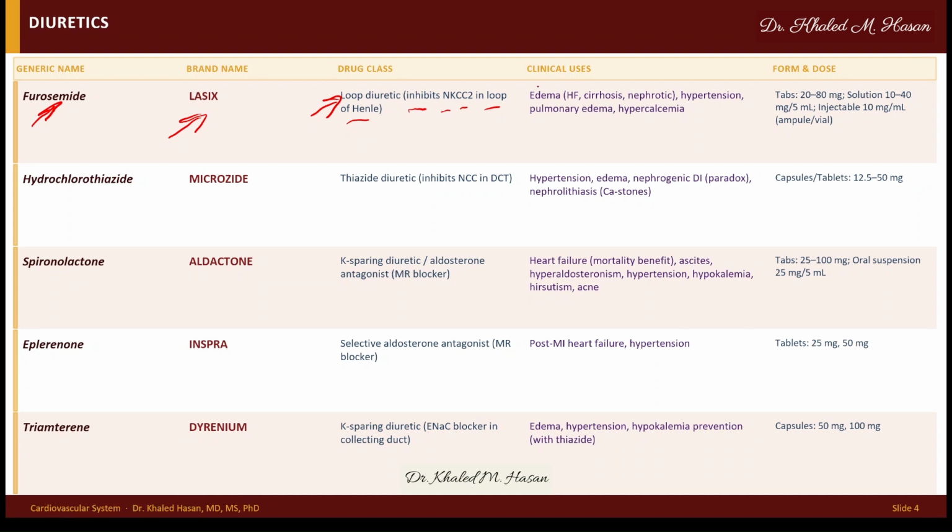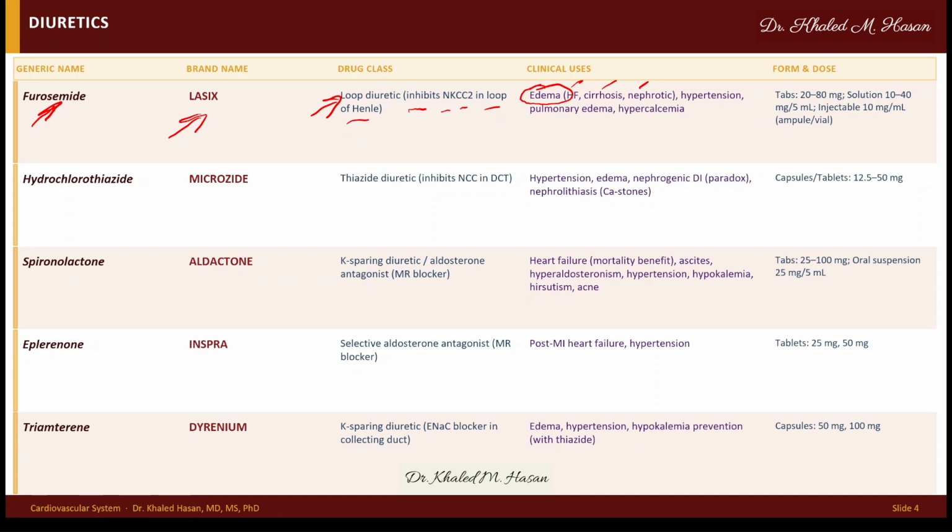This medication used for treatment of edema in patients with heart failure, cirrhosis, nephrotics. So here we try to remind us edema could be related to the heart failure, hepatic disease, or kidney disease. So anyone suffer from edema, furosemide might be maybe a drug for treatment symptoms of edema.